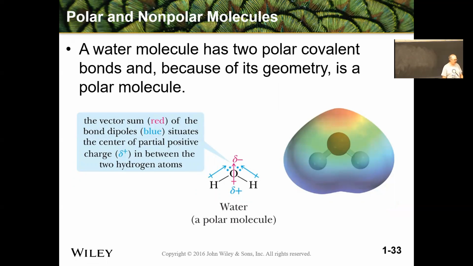In the case of the water molecule, the 2 bond dipoles reinforce each other. Oxygen's more electronegative than hydrogen, and the overall bond dipole moment is in this direction. So we have an electron-rich region around the oxygen and an electron-sparse region around the hydrogens.